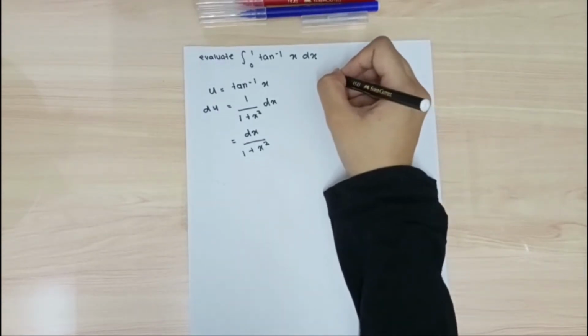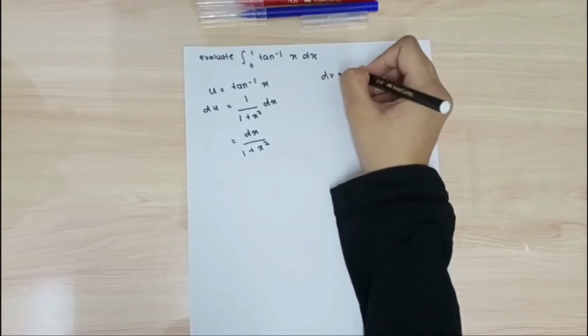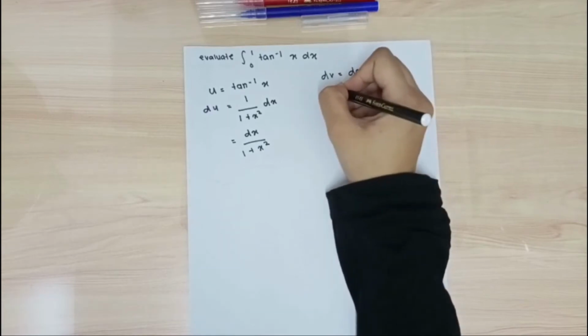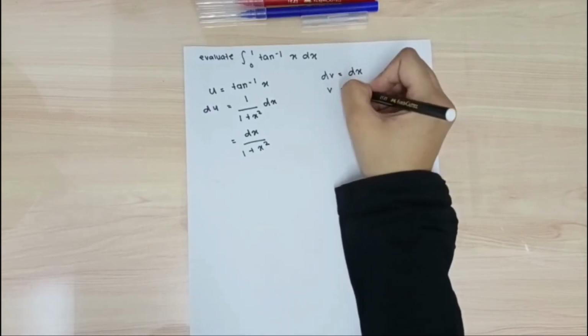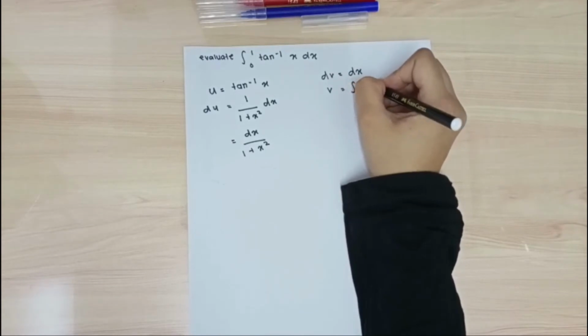With that, we take dv equal to dx. And so, v will be the integral of dx, which is just x.